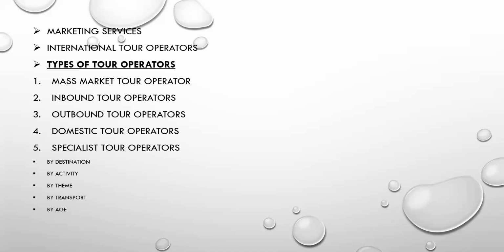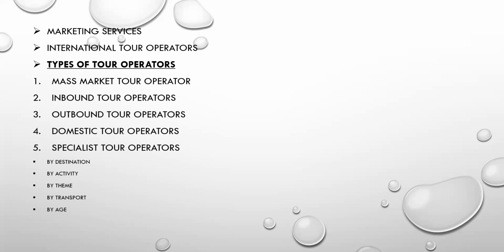They operate within the mainstream of the travel and tourism industry. It means that they tend to offer the traditional sun, sea, and sand package, okay? And cater to very large numbers of tourists in popular destinations. So this is what the mass market tour operator does.